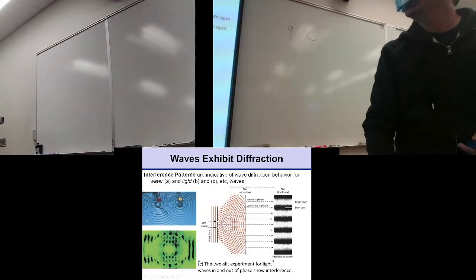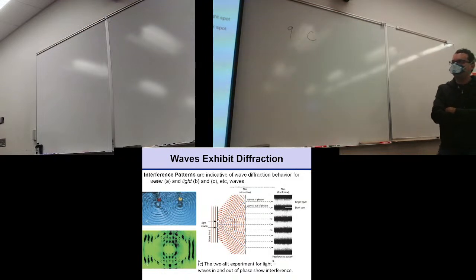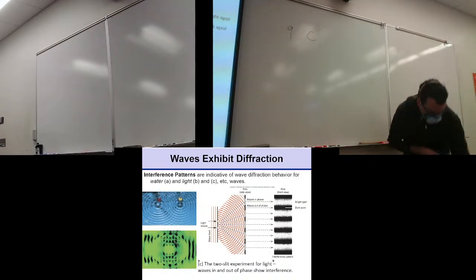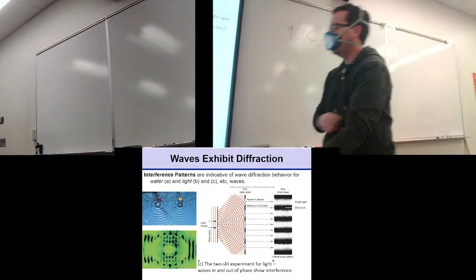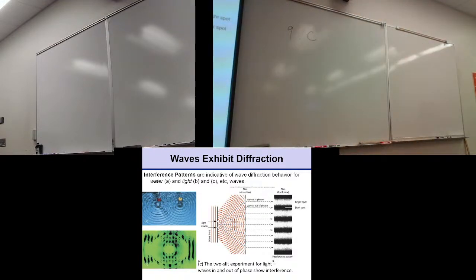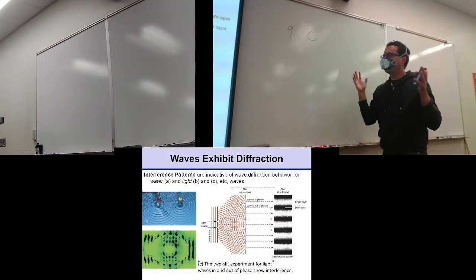But let's start off with this idea. We know that waves diffract, and when you send light waves against a barrier with little slits in them, they will diffract through the slits.